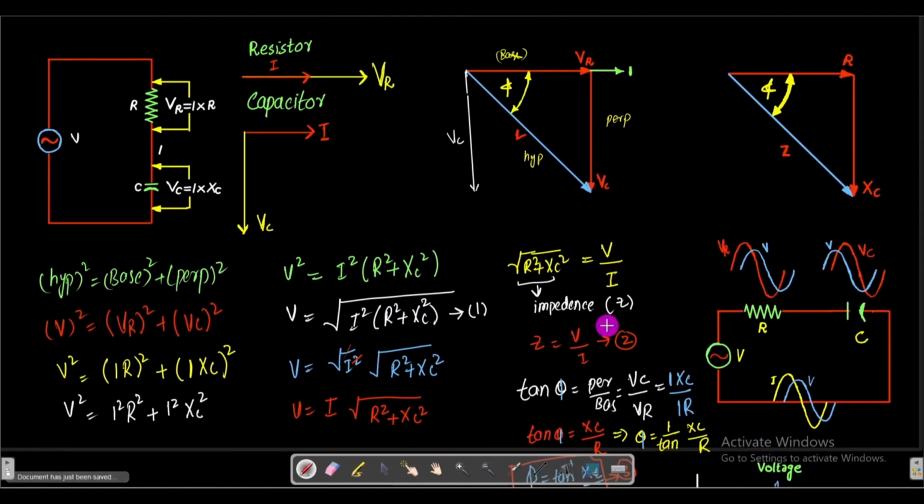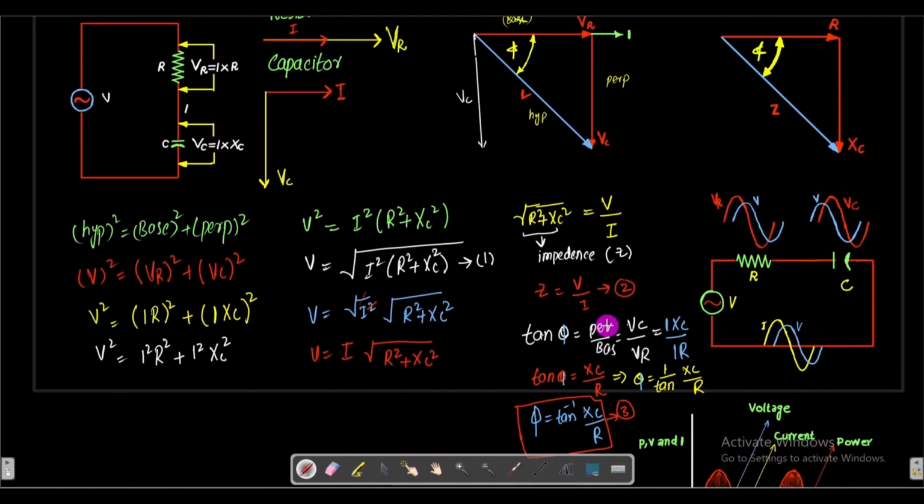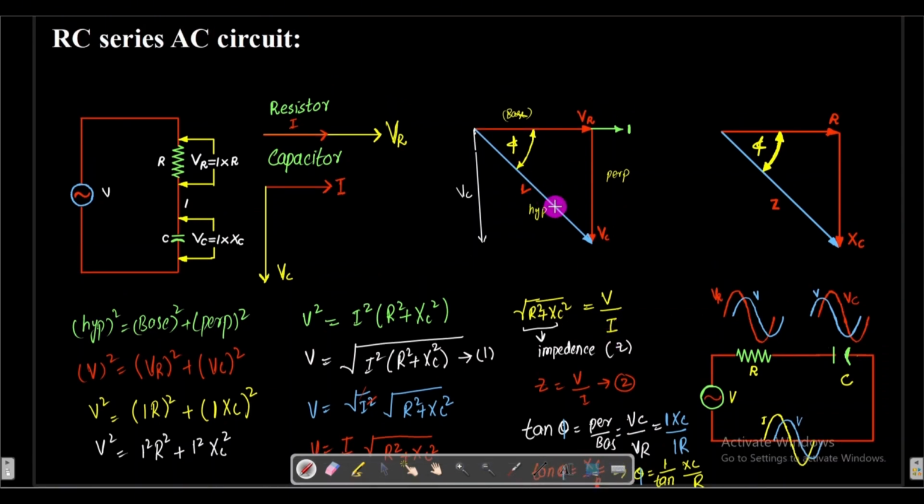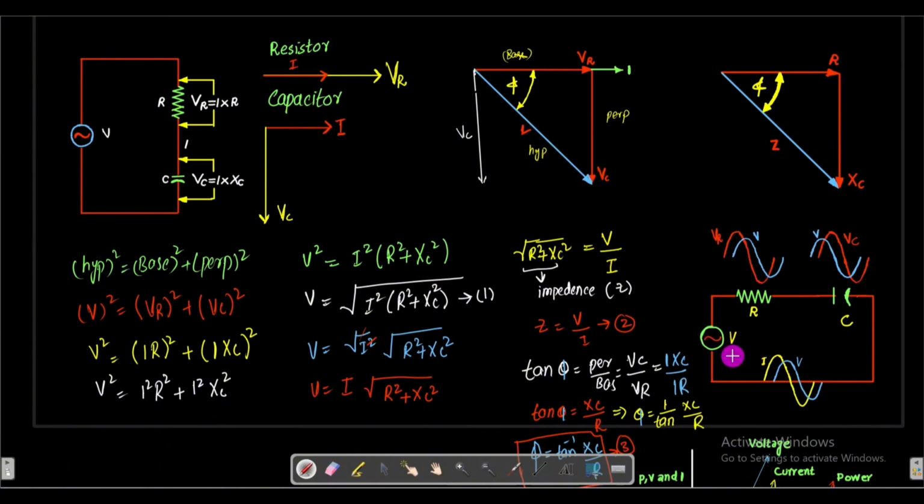So here first we determined this V, which is the magnitude of the provided alternating voltage V. In this circuit, the provided alternating voltage V lags behind the current.